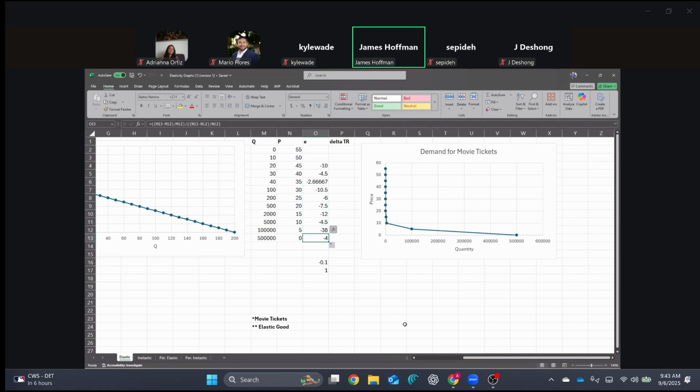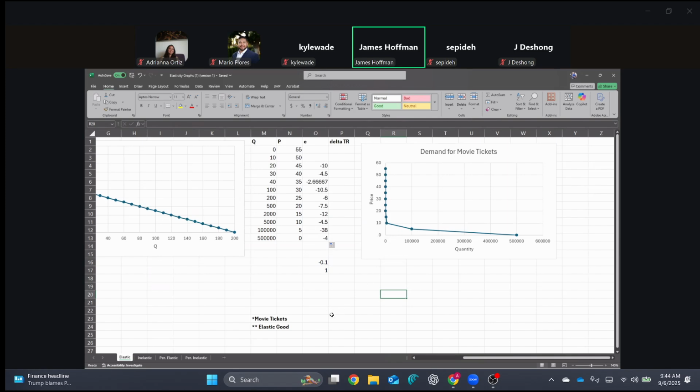Now, there'd probably be some portions where that wasn't the case, but as long as this number is bigger than -1, that's gonna mean it's elastic because the percent change in price, which is always, the way I laid it out, 10%, is less than the change in quantity, right? So that means that this good, movie tickets, is elastic if any portion of this demand.